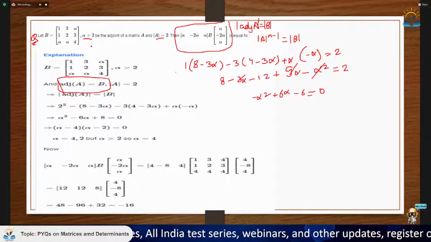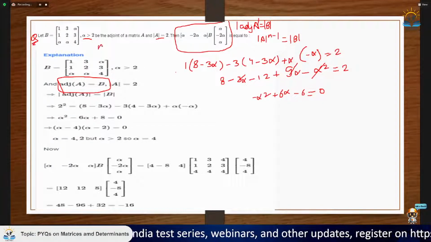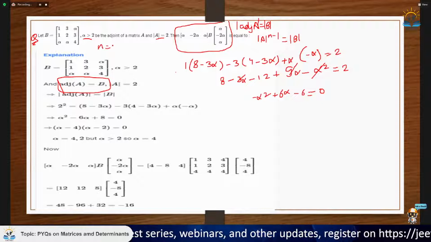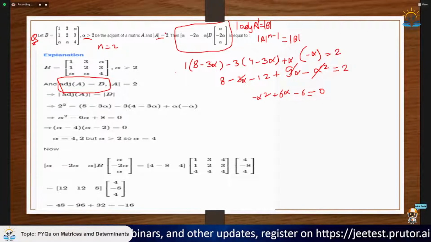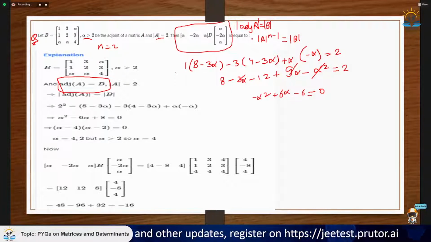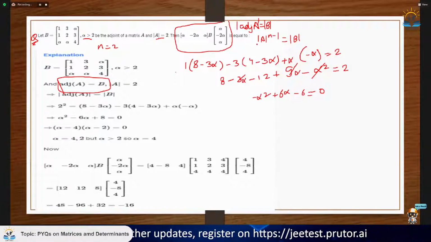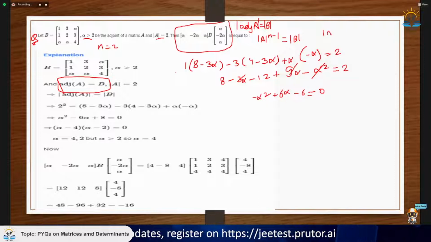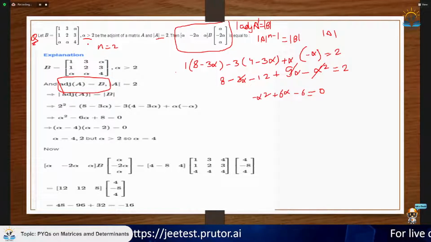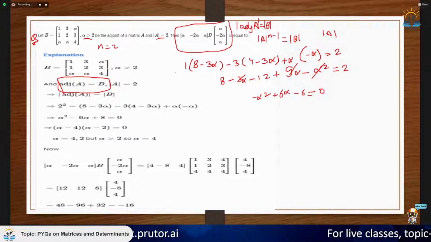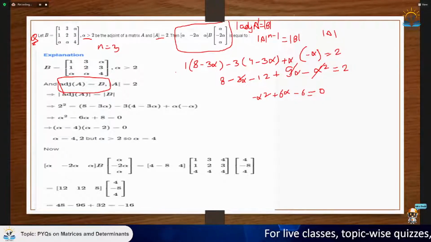I guess something is wrong with the question, but here n is equal to 2 because it is the order of matrix A. Since you need to calculate the determinant of matrix A only, so take n equal to 2. So you will get determinant of A power 1. No, no. Take n equal to 3 because determinant of B is 3 and you are making these two equal.